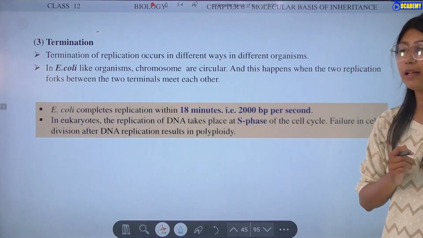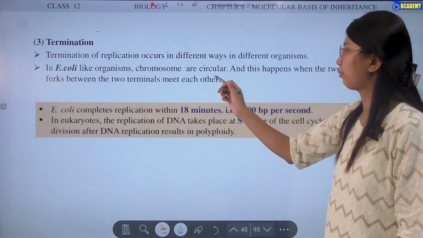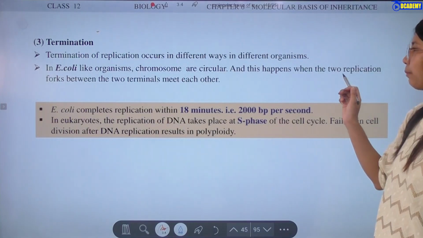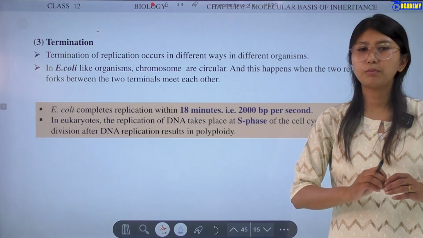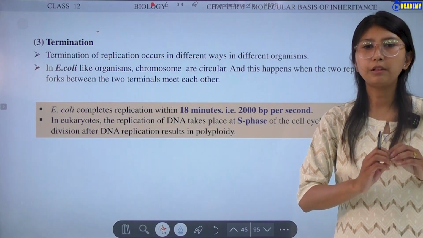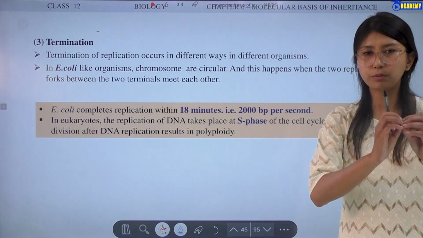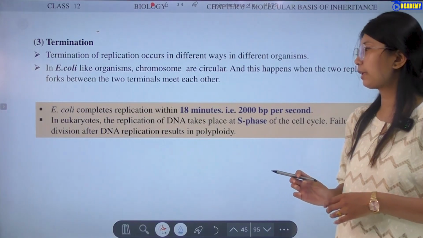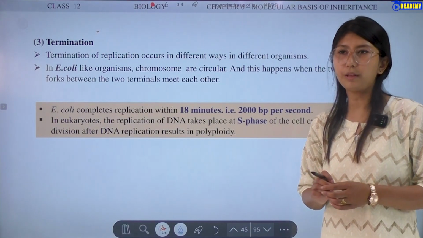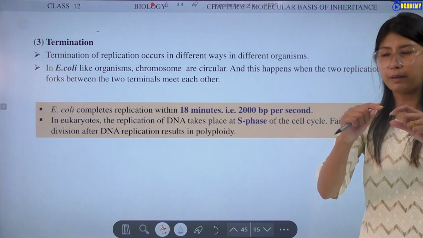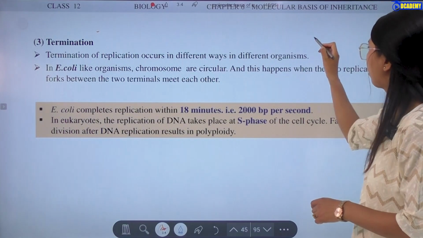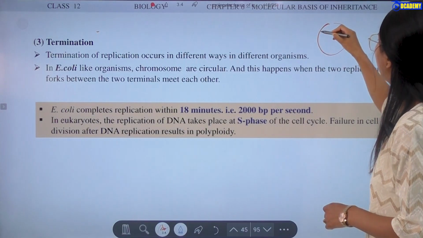In E. coli-like organisms, the chromosomes are circular, and termination happens when the two replication forks meet between the two terminals. E. coli is a prokaryotic cell, and its chromosomes are circular.